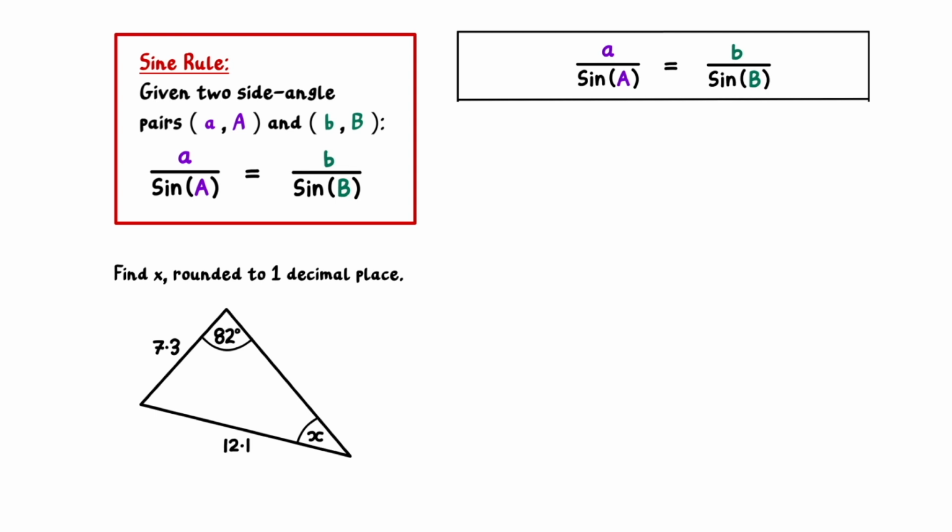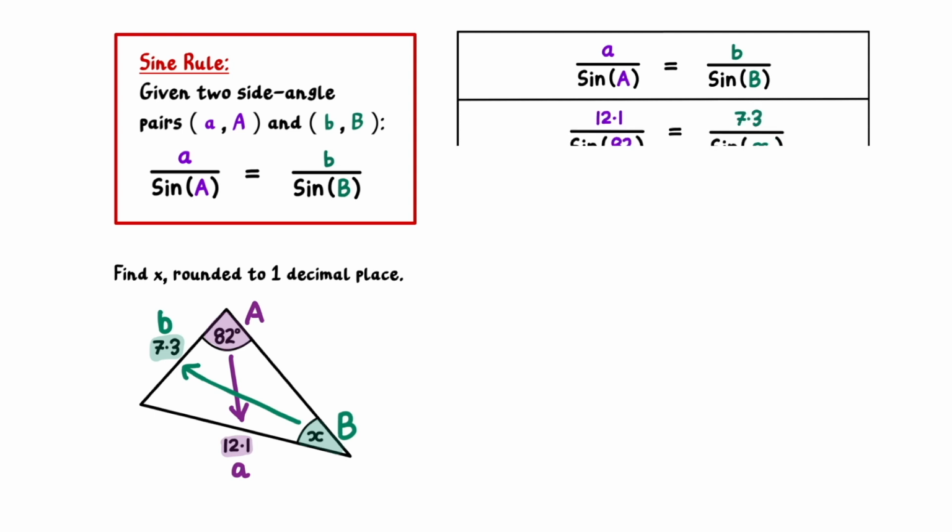The first pair is an angle of 82 degrees and a side of length 12.1. We label these capital A and lowercase a. The second pair is an angle of x and a side of 7.3. We label these with capital B and lowercase b.